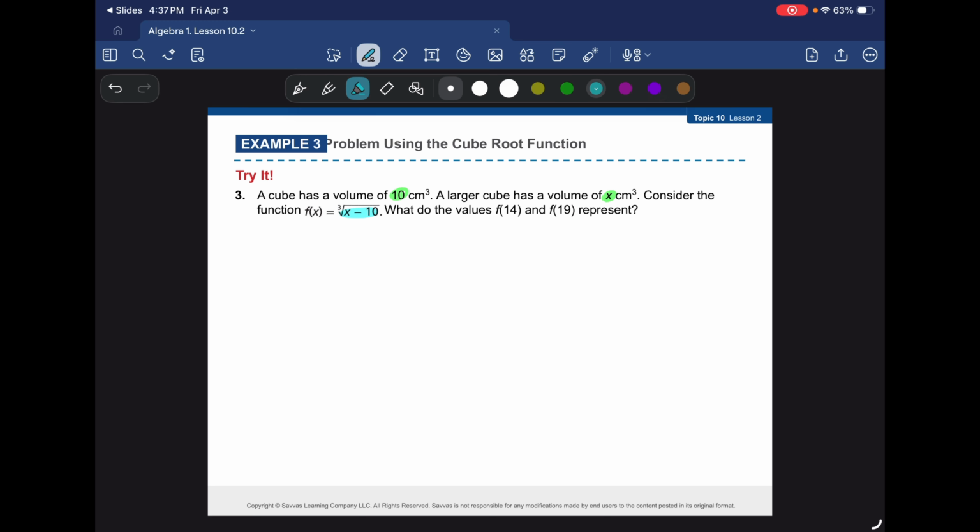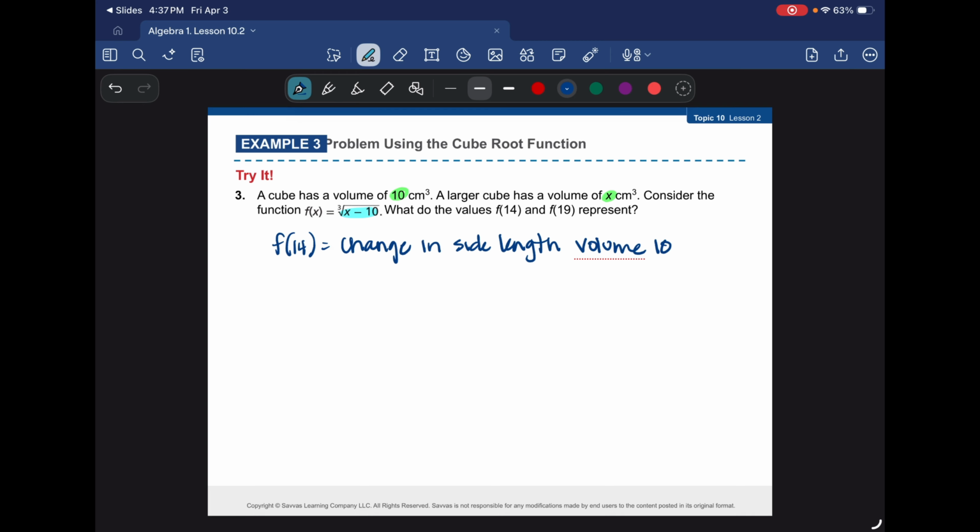Well, 14 represents x, and what was that representing? The volume. So f of 14 is representing the change in side length when we go from a volume of 10 to 14.